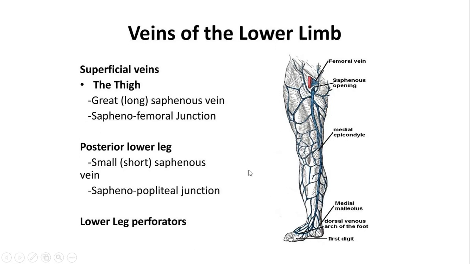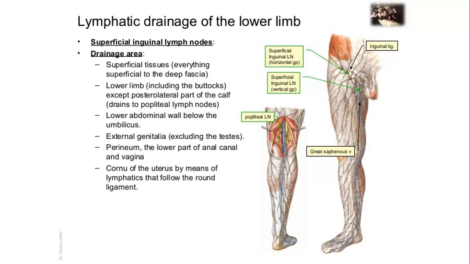These are very important to know about, and when we discuss the superficial veins of the leg, we will discuss these veins also. So there are two superficial veins, the great saphenous vein and the small saphenous vein, and there are perforators which are connecting these veins with the deep veins of the leg.